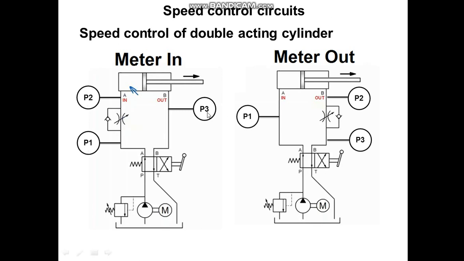If you compare P1, P2 and P3, as I already said, P3 is 0 because this is connected to the tank. Here in P1, the liquid going through the flow control valve is controlled, so if this flow control valve is partially closed, more pressure will be generated before the flow control valve. That means more pressure will be created in the line before this flow control valve, because it is restricting the flow. When the flow is restricted, the pressure will be generated. So if we compare P1, P2, P3, P1 will be more because it creates resistance to the flow.